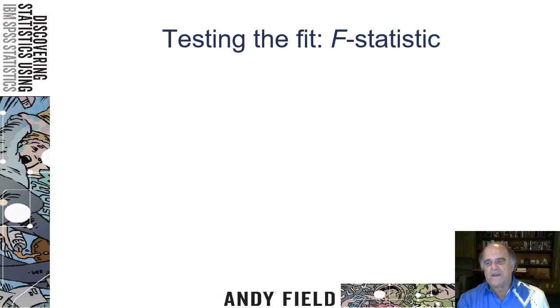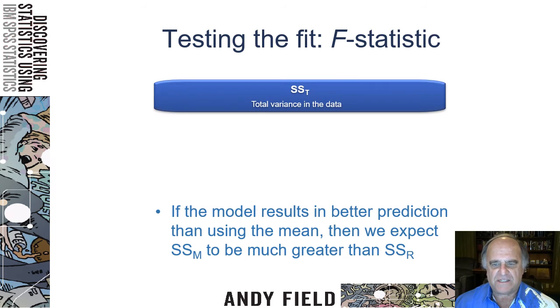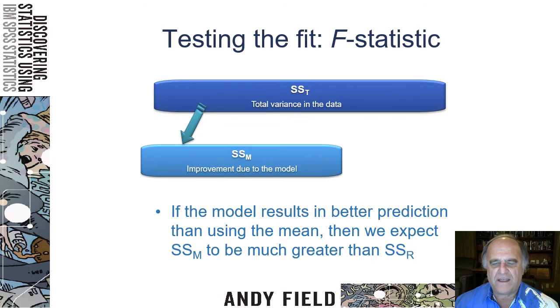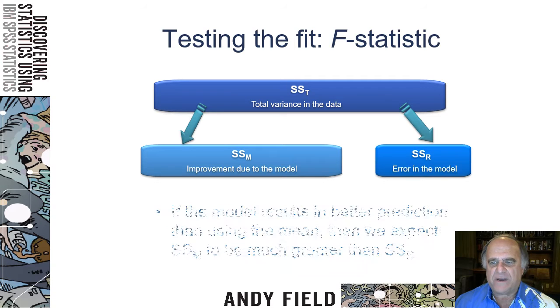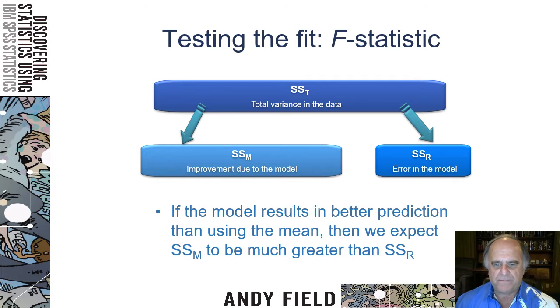So then we can move on and look at the F statistic, or testing the fit. This is going to be very similar to what we do in analysis of variance. SST, or the total variance in the data, is going to be made up of SSR, or error in the model, and SSM, or improvement due to the model.